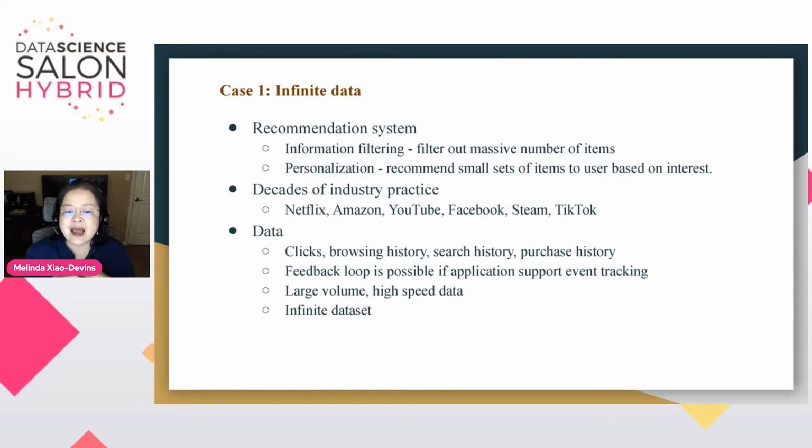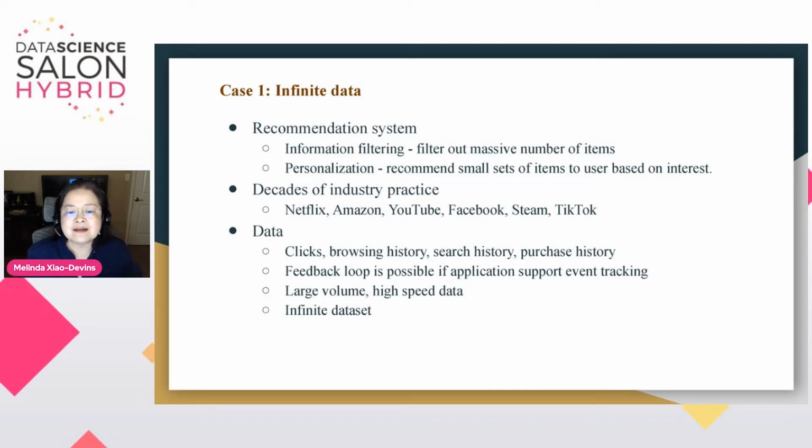And industry has decades of practice in here. A lot of companies such as Netflix, Amazon, YouTube, Facebook, and the game companies like Steam, or lately very popular TikTok, they all have their own recommendation engine built. So it's a very mature machine learning problem.